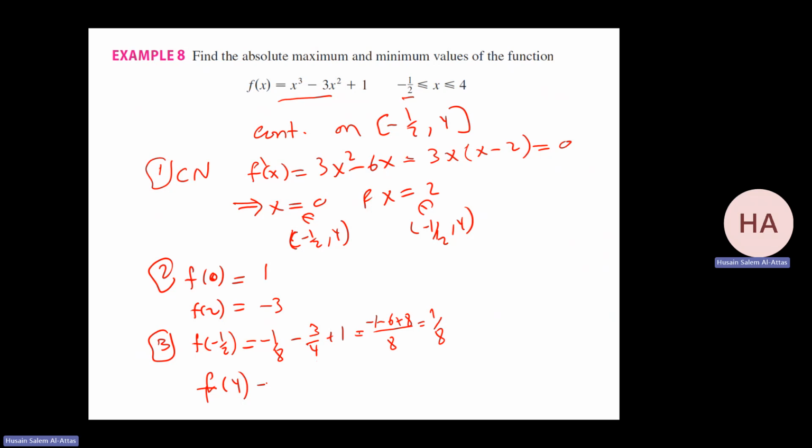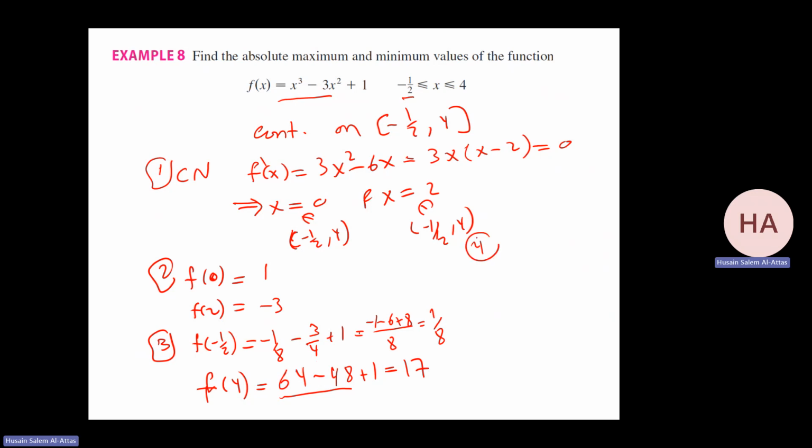F at 4, that will be what? 4 to the power 4, which is 256... 4 cubed is 64, minus 3 times 16, minus 48, plus 1. That gives me 16 plus 1, so that is 17.